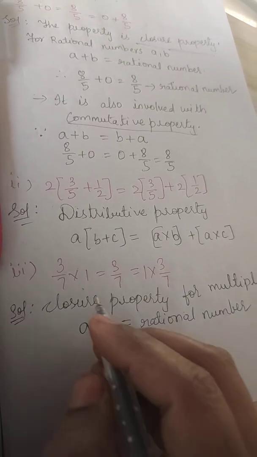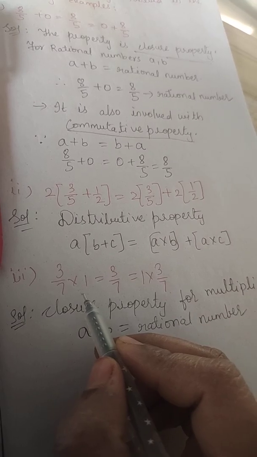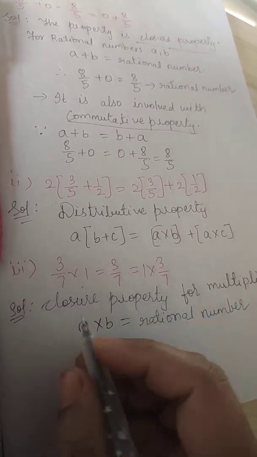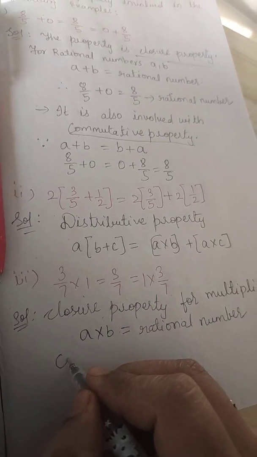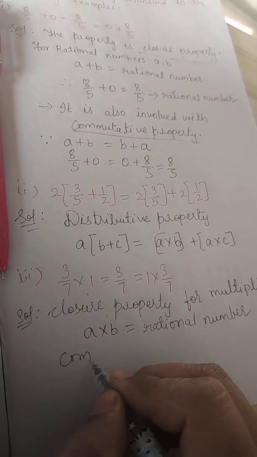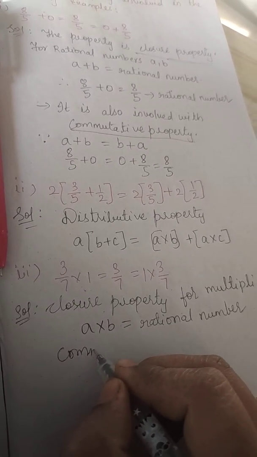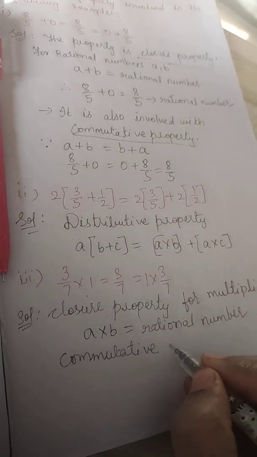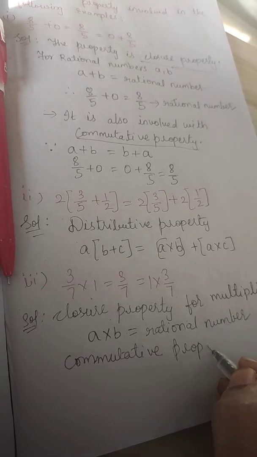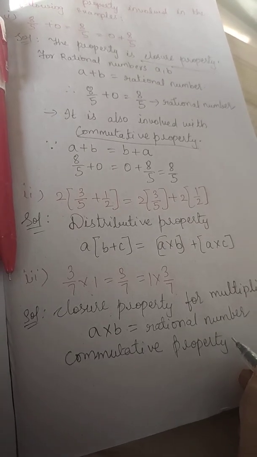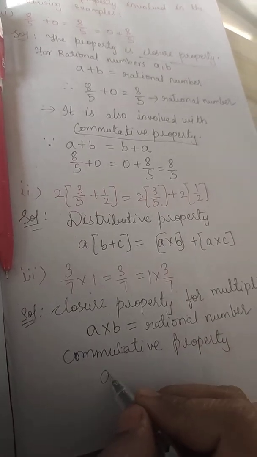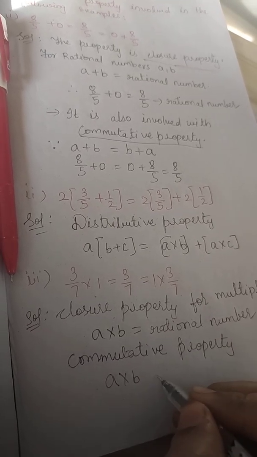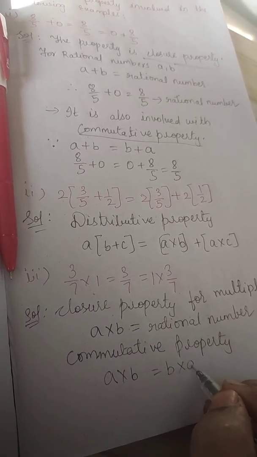Okay, what is the other property we are observing here? We can say commutative property also. Okay, what is commutative property? Commutative property, that is a into b should be equal to b into a.